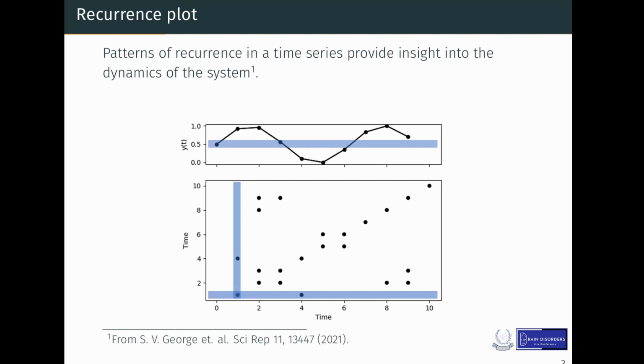In this particular case, for the first point, you see that the fourth point also recurs in the neighborhood. So you will put a black point in the matrix at 2, 4 and 4, 2. That's what you see below in the blue shade. Similarly, you would do this for every possible point in your time series. When you do this, you have what you call a recurrence plot, which gives you an idea of how complex this whole time series is.